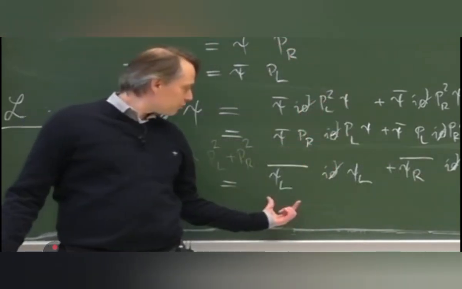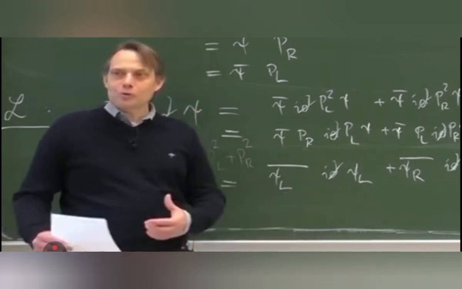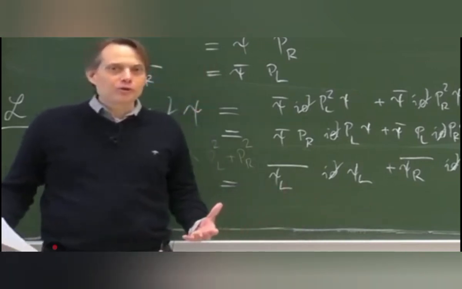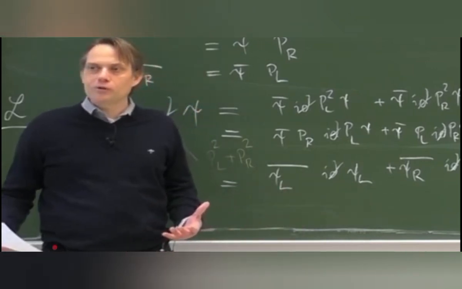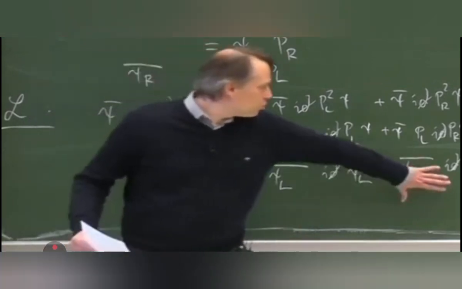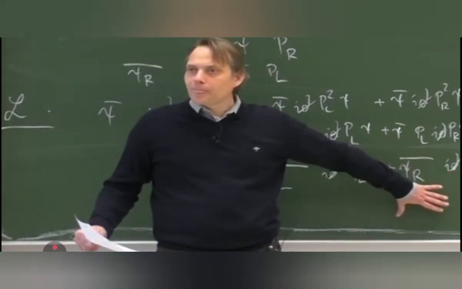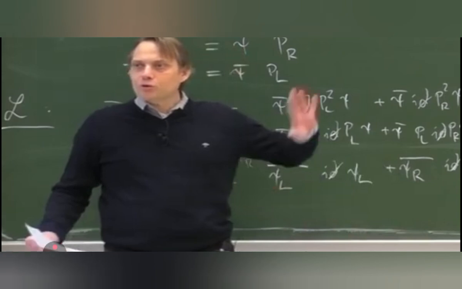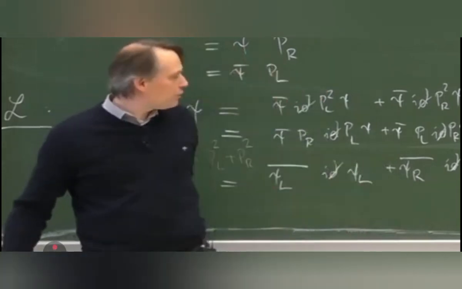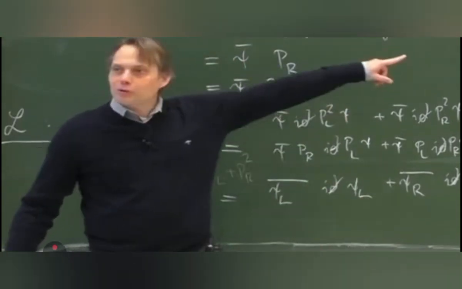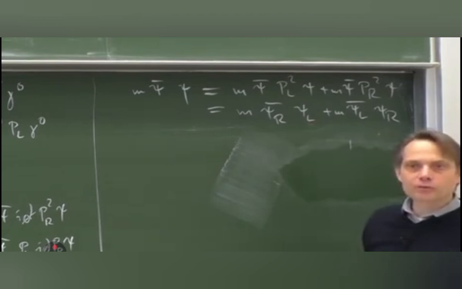Therefore, this left term is completely possible as a kinetic term in a Lorentz invariant Lagrangian. We could omit the right-handed term, and then we could completely omit the right-handed spinor field. But not if we want a mass term. So if we want a mass term, then we need the left-handed and the right-handed spinors.